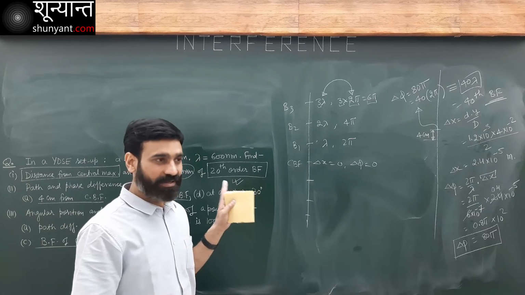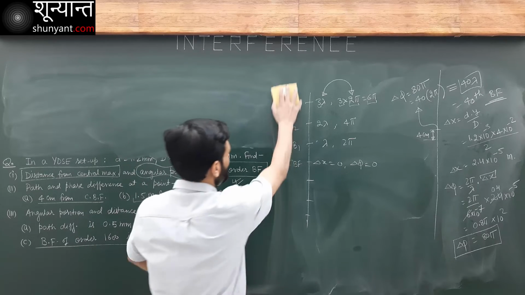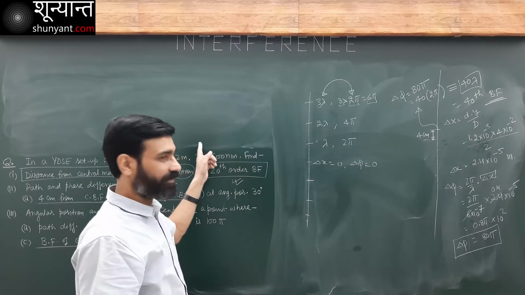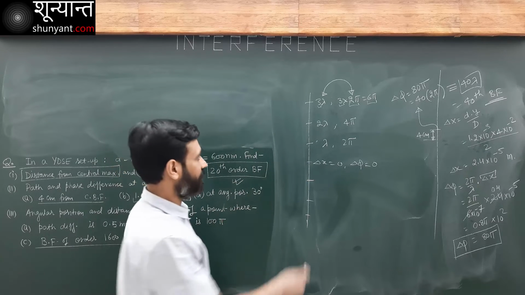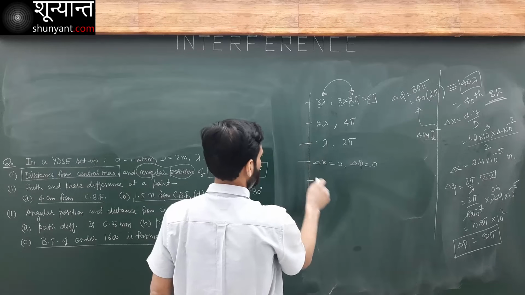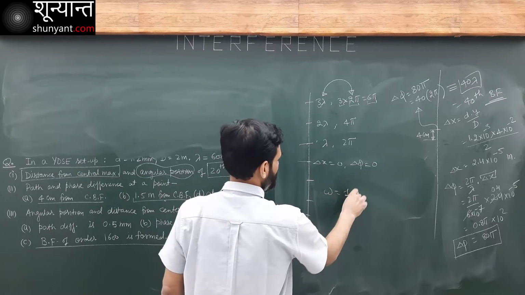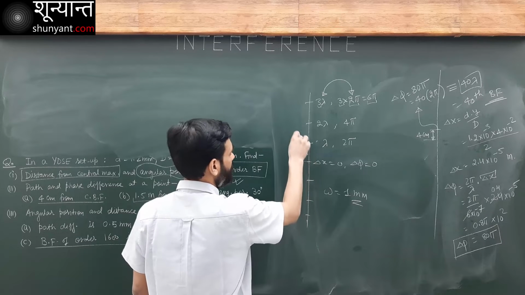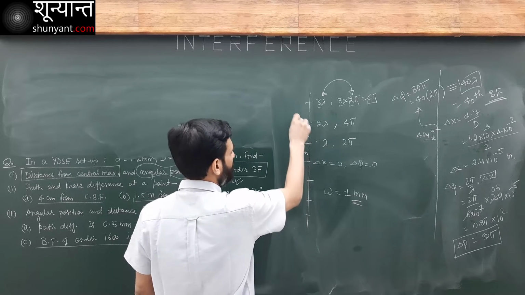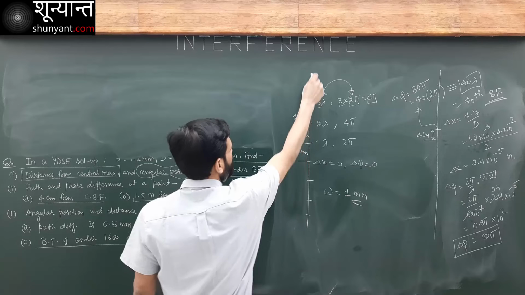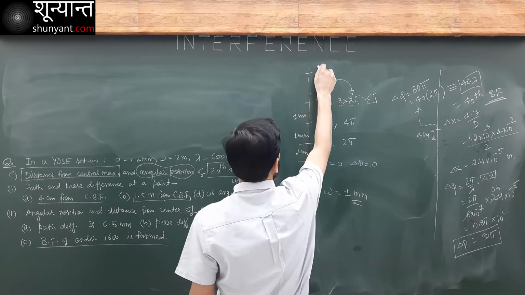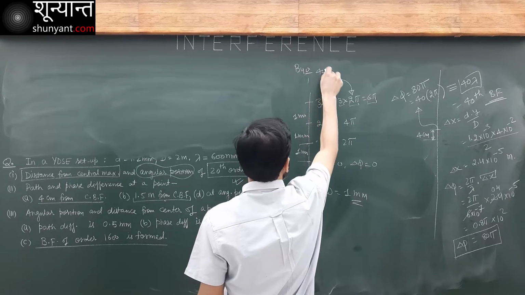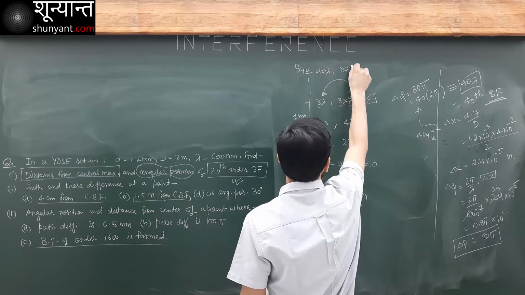And now, one interesting thing. What fringe width did we calculate? We just calculated it, in the beginning itself. It was omega. Omega is 1 millimeter. So this becomes 1 millimeter here, 1 millimeter here, 1 millimeter here. So if I have this 40th bright fringe, B40, it is going to be 40 lambda and 80 pi.